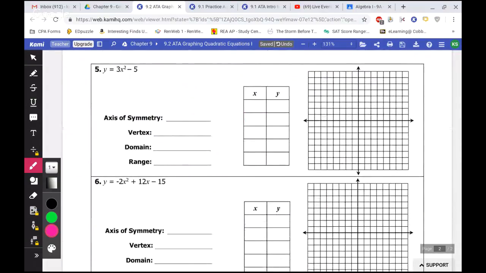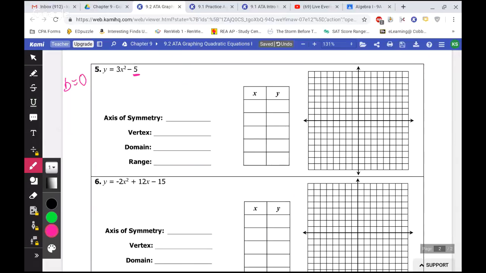All right. What is the b value in this equation? Don't let it trick you. 0. Good job. There is no b because this is the constant.